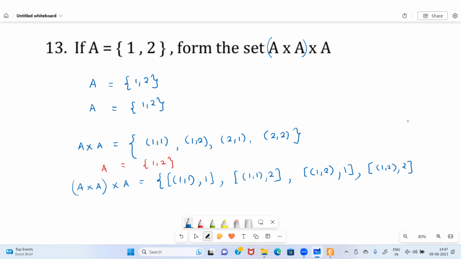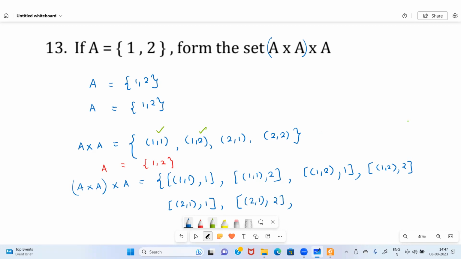Clear, students? Now we've finished relating these two. Now let's do the next. Now 2, comma 1, comma 1. 2, comma 1, comma 2.